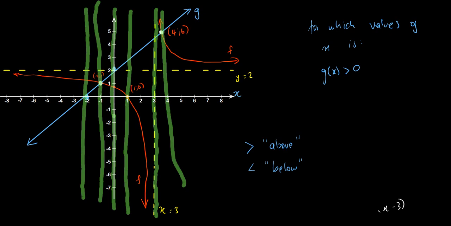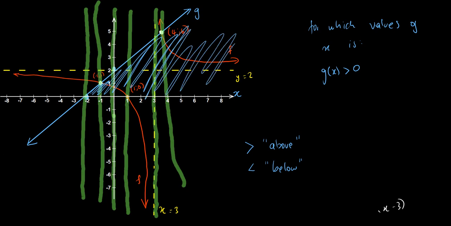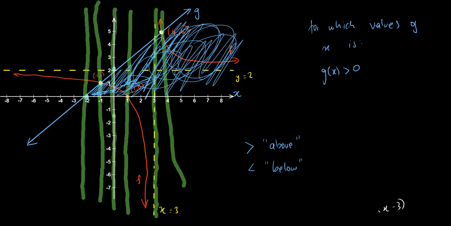So if you can check, this is the part whereby g is above 0 here. You see, it's above 0. And then when we check at the bottom here, it's not above 0, right?